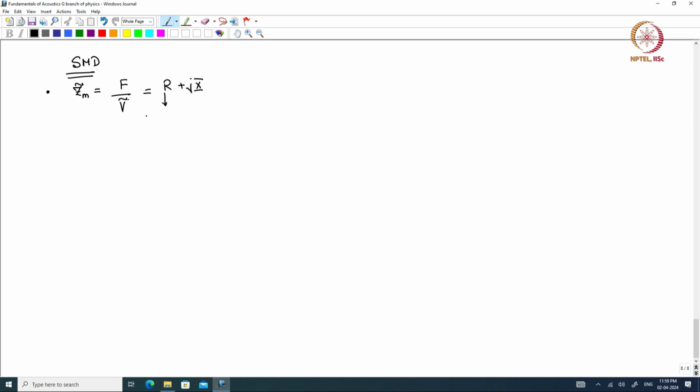R denotes the dissipative part of the system, X represents the inertial and stiffness part of the system. And X when set to 0 gives me the equation to compute resonances.